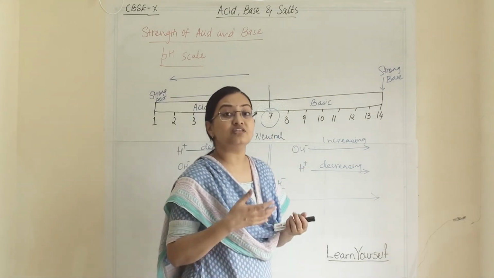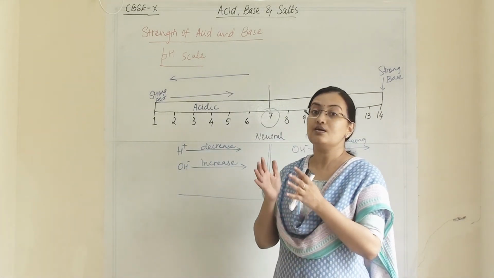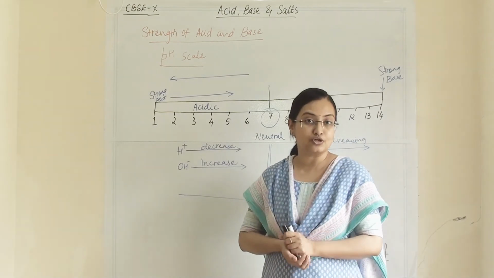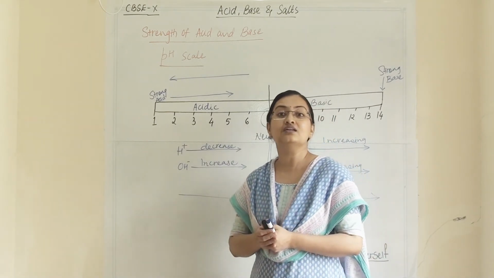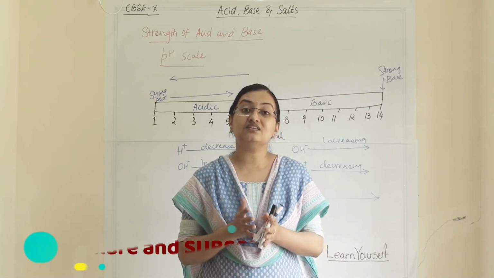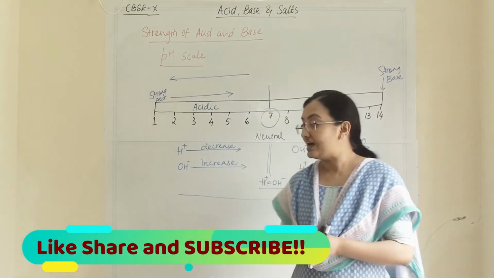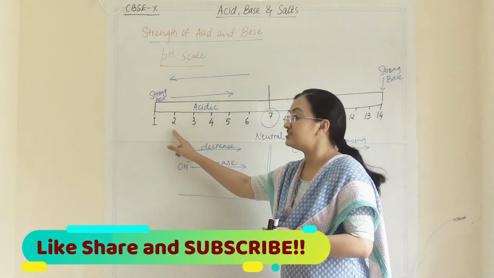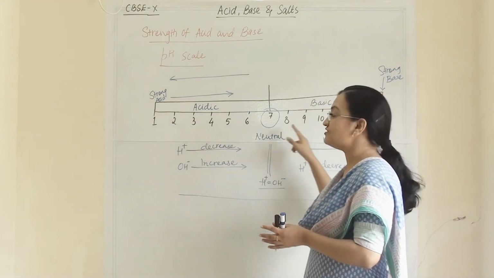Now how can we check the pH of a particular solution? For that we use a universal indicator. A universal indicator is an indicator that will show different colors throughout the range of pH.